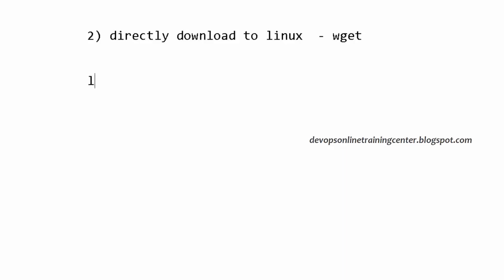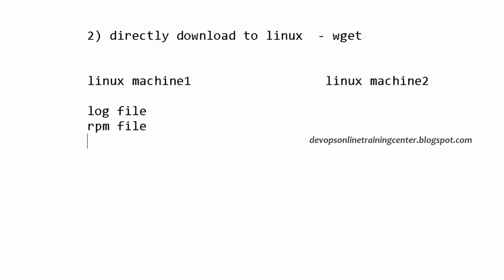Okay, and let's say there is one Linux machine 1 and there is another Linux machine 2, right? So I want to transfer a file, so it can be a log file or an RPM file, from one to the other, right?